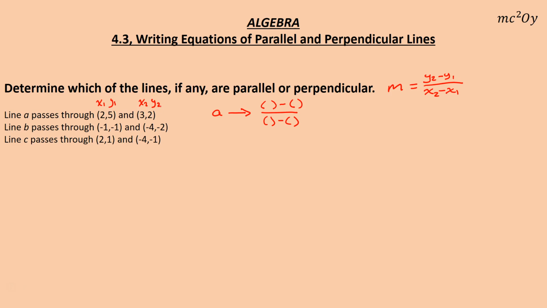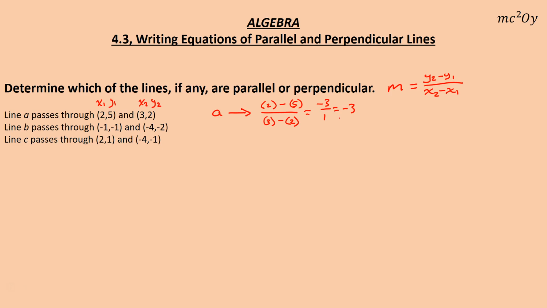You could label them any way you want, but I'm going with that since this is my first x and first y coordinate on each, and this is my second x and second y. So I'm going to go 2 over 3 and 5 over 2. That's y2 minus y1 over x2 minus x1. So the slope of this is negative 3 over 1, also known as negative 3.